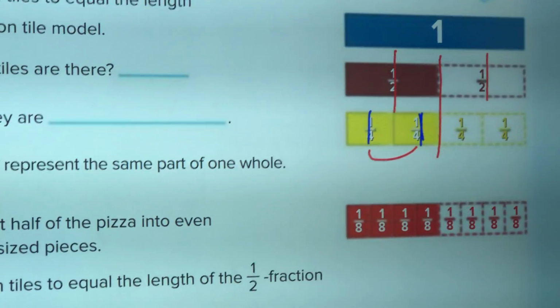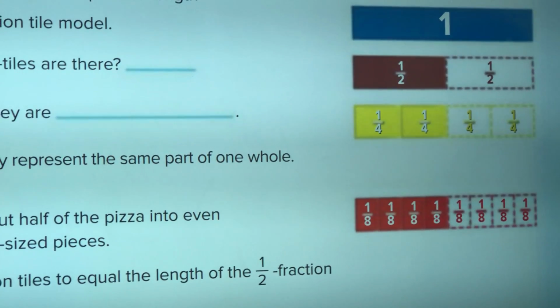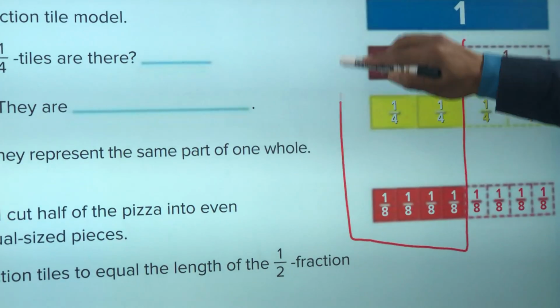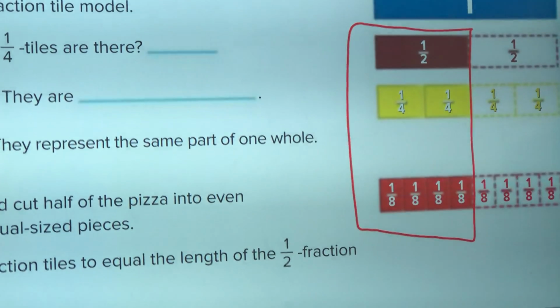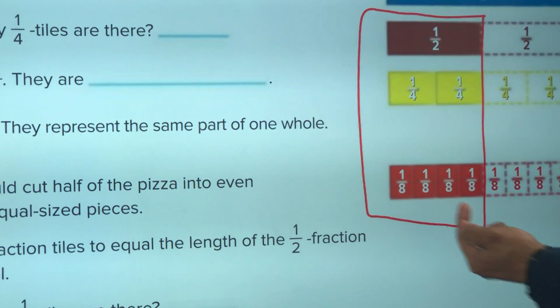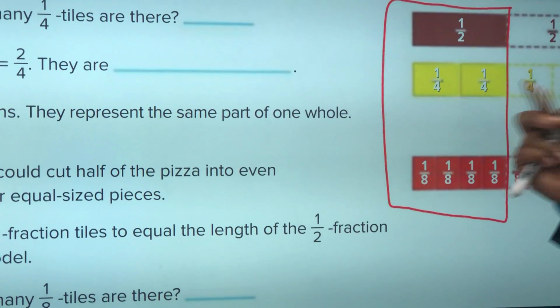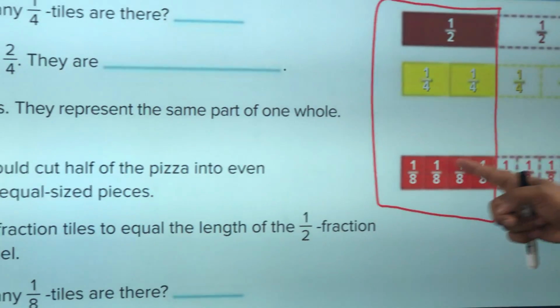So again, one half equals 2 quarters equals 4/8. 1, 2, 3, 4.